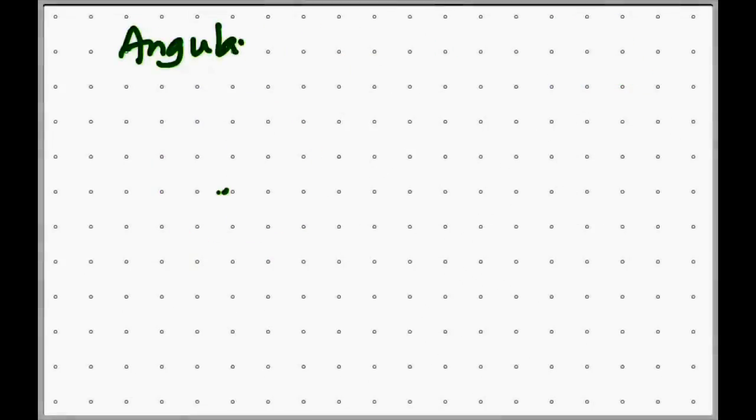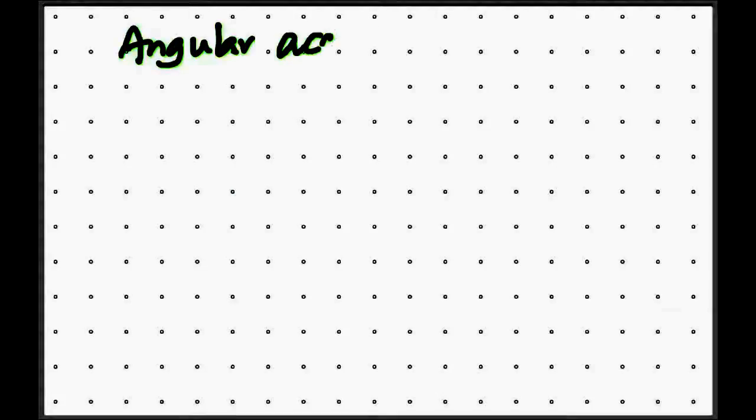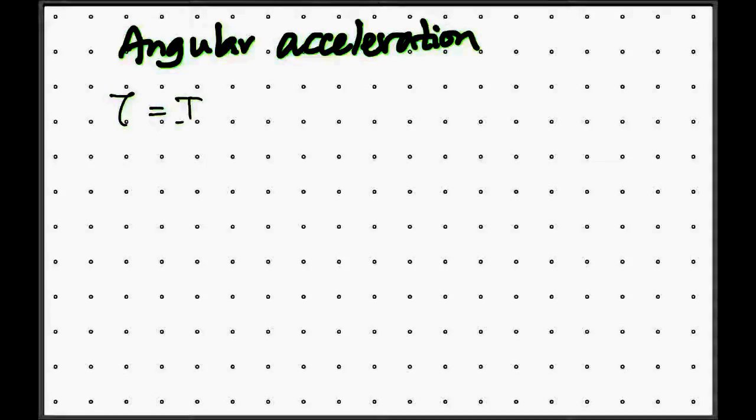Next up, angular acceleration. So we are into rotation now. Did we talk about torque? No? We did, yeah, for static equilibrium, just static. So what's the relation between torque and angular acceleration? I alpha.